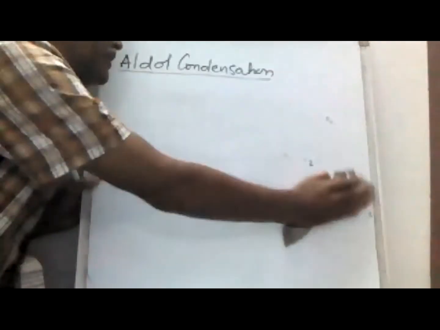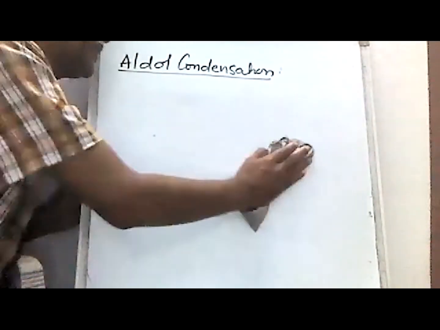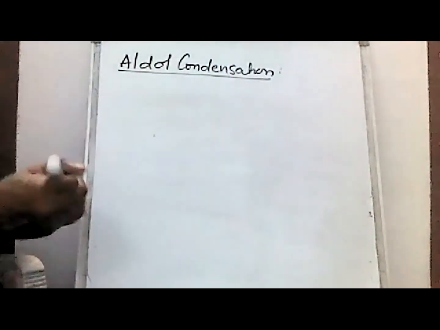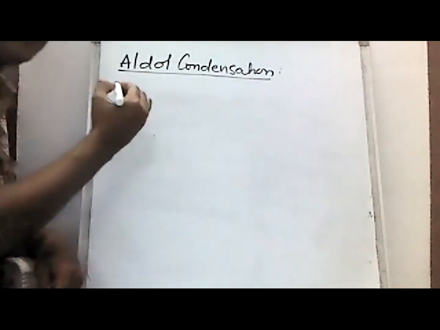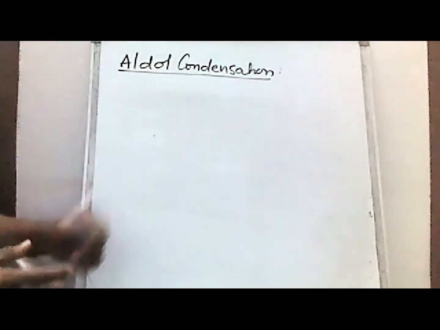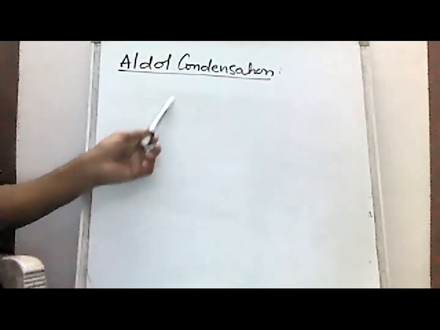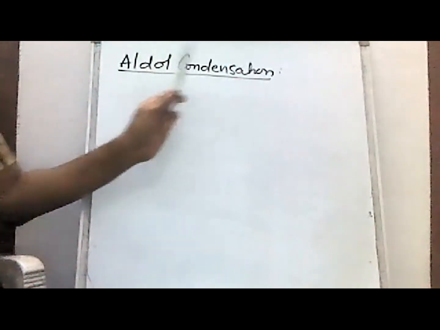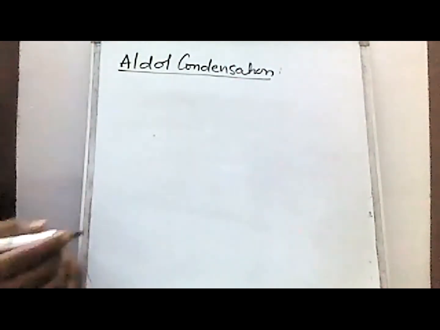Now, aldol condensation: aldehydes or ketones having alpha hydrogen undergo condensation reaction in the presence of base to form beta hydroxy aldehydes or ketones. This reaction we are calling the aldol condensation.